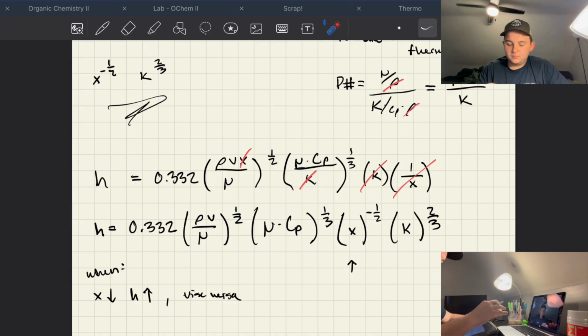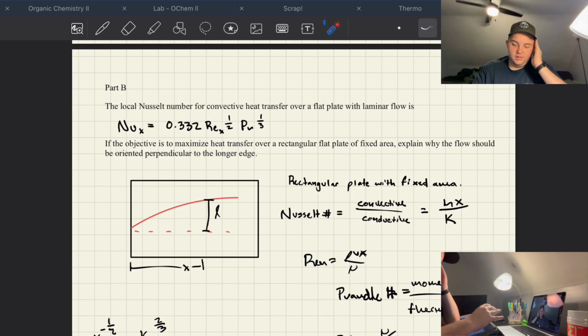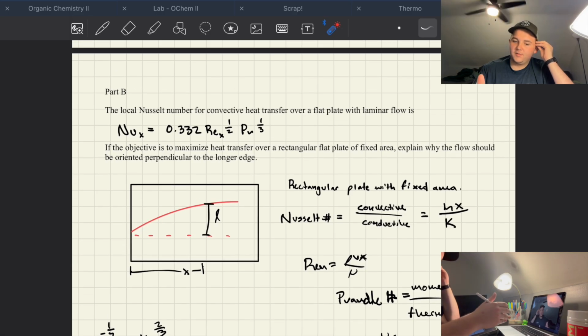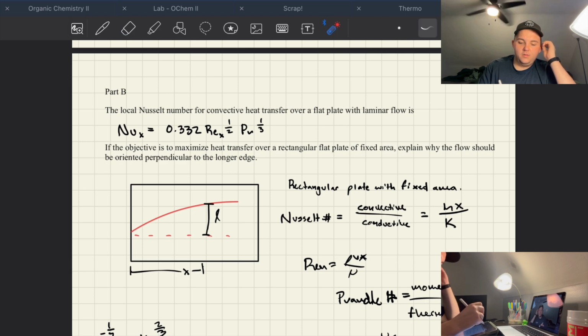So increasing the surface area by the surface, like here, would greatly increase or maximize heat transfer. So hopefully that explains how flow should be oriented with this given number.